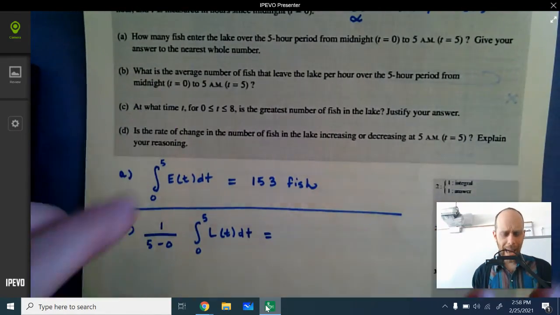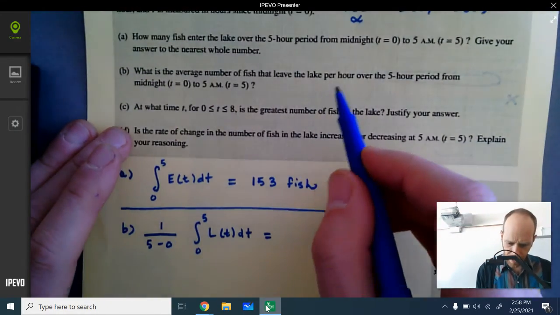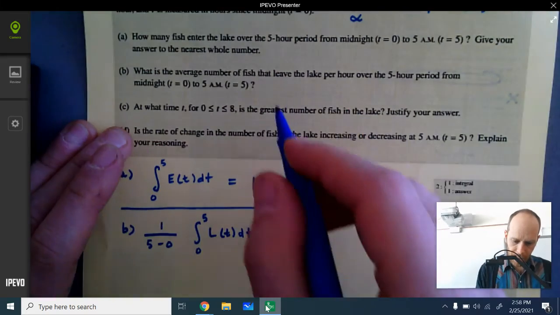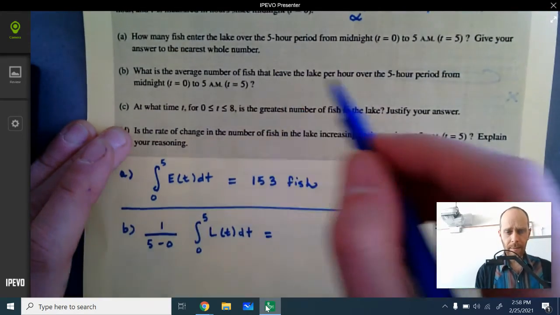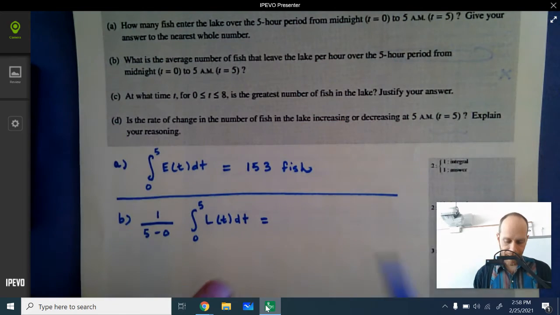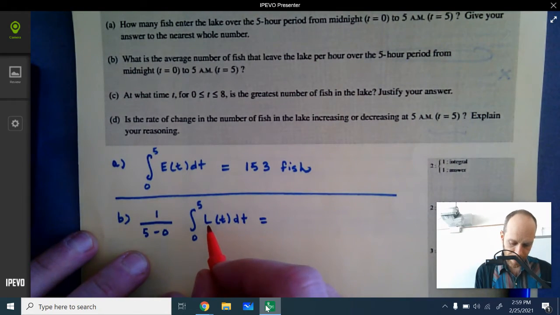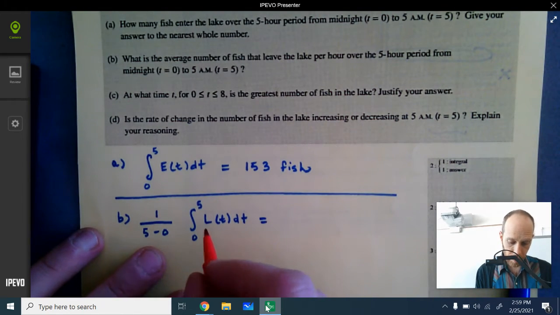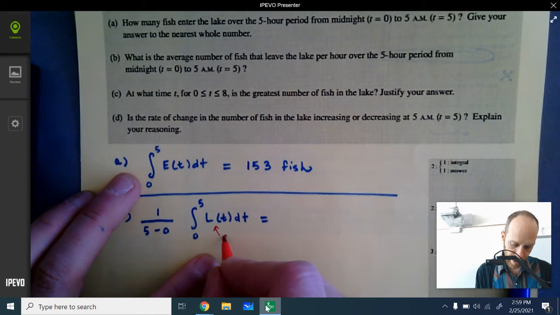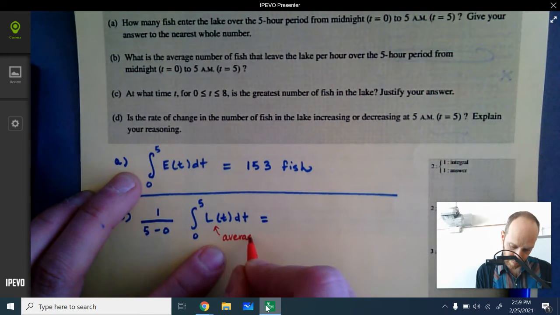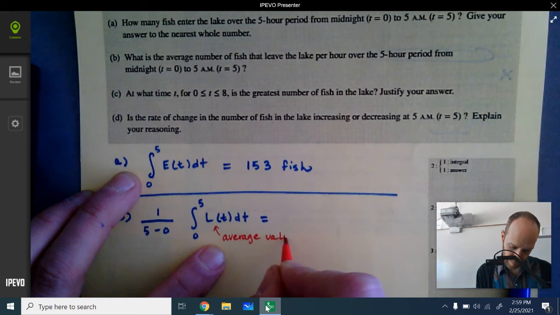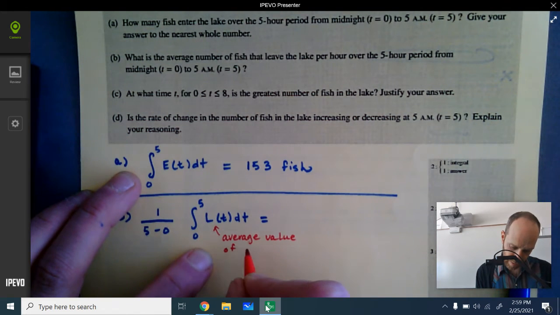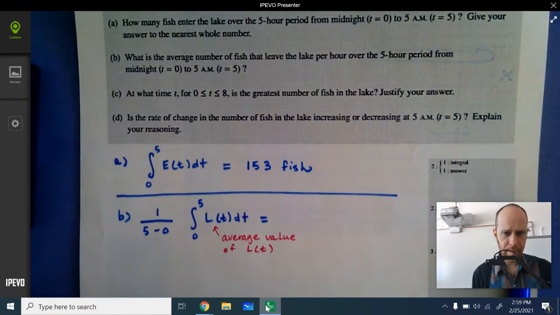B says, what is the average number of fish that leave the lake per hour? So it's the average rate of leaving. And we're given the rate of leaving here. So it's asking us for the average value of L of t.